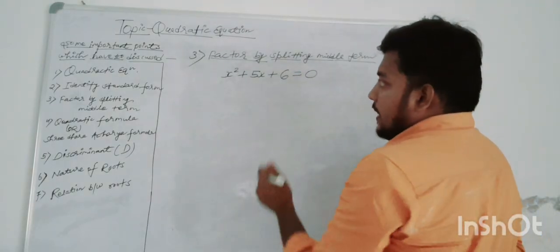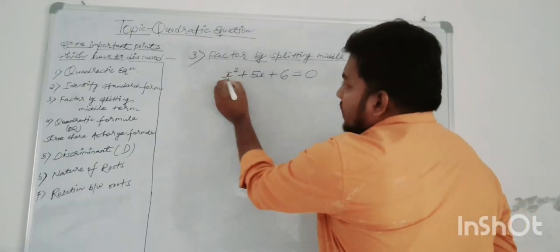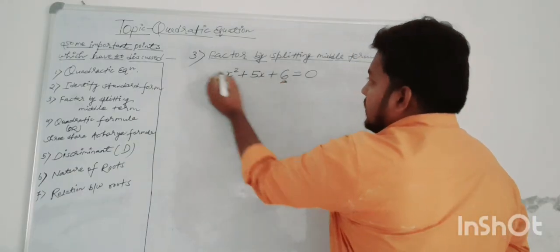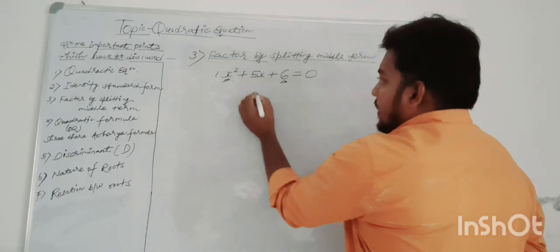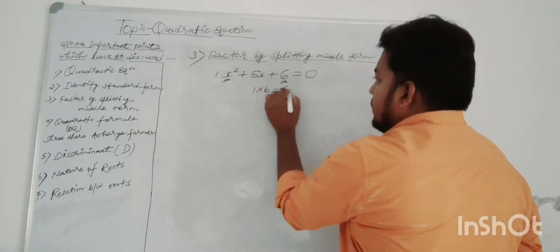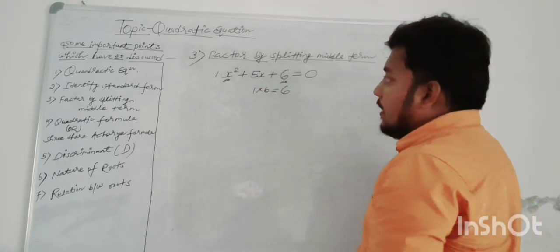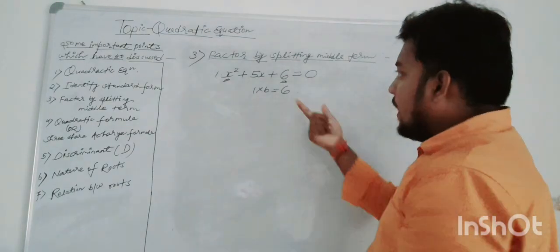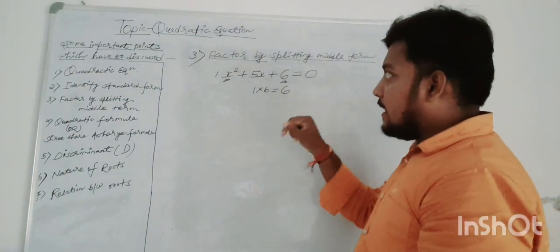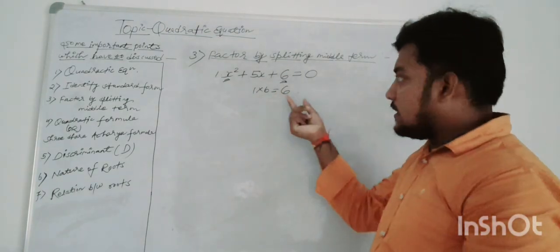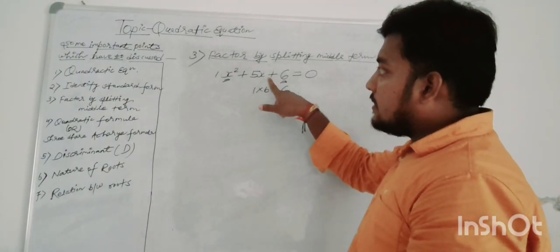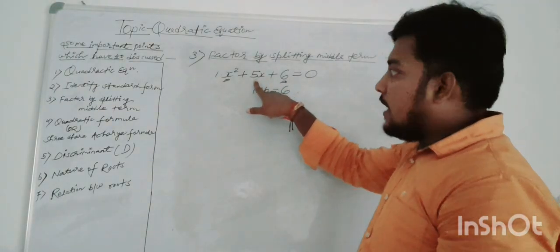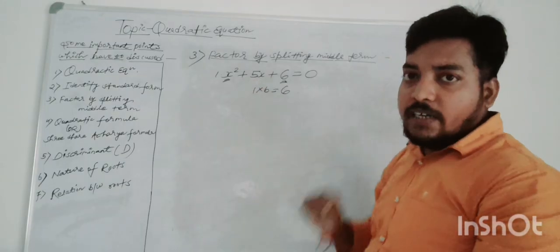Here we multiply the coefficient of x square and the constant term. Coefficient of x square is 1. Then we get 1 into 6 is equal to 6. Now we have to split 6 into two terms whose sum is 5.